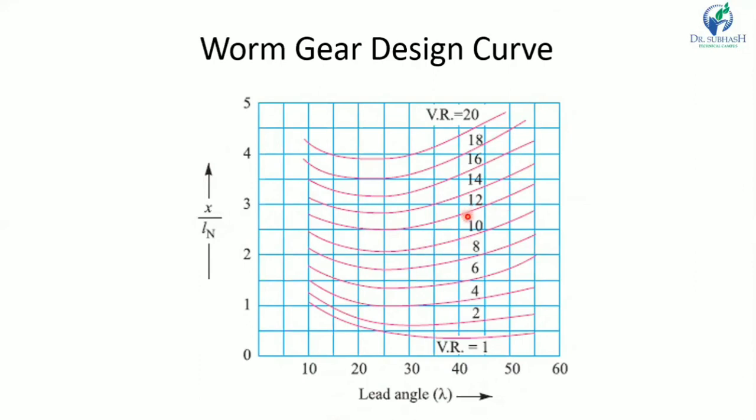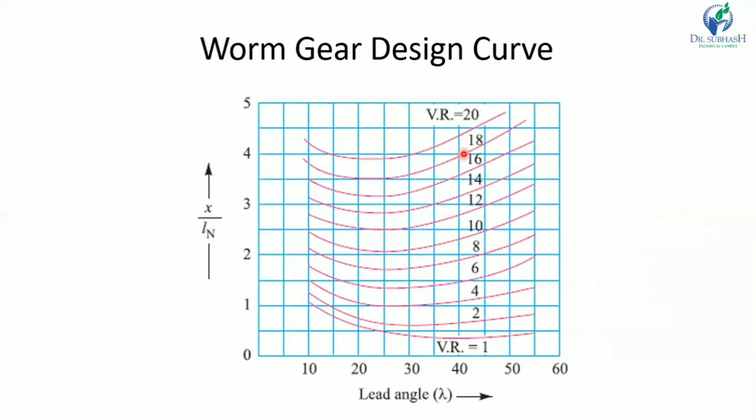The lowest point on each of the curves gives the lead angle corresponding to the minimum value of x by ln for that velocity ratio.